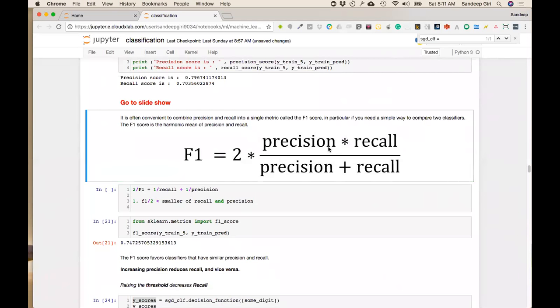Only when precision and recall both are 1 will the numerator be really high and the denominator be 2. So the value of F1 will be 1 only in the case where precision is perfect as well as recall. Otherwise, F1 will be varying like this.